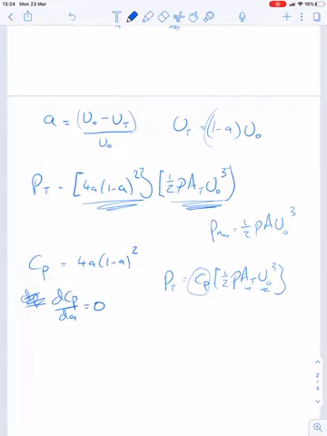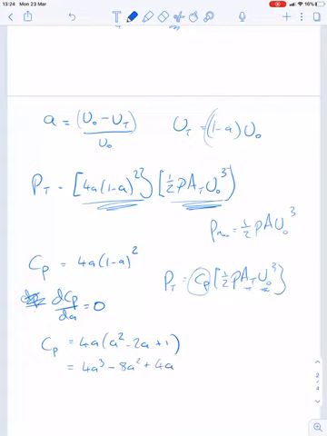So in order to do that, we sort of multiply out these brackets a little bit. So CP equals 4A times (A squared minus 2A plus 1), which equals 4A cubed minus 8A squared plus 4A.